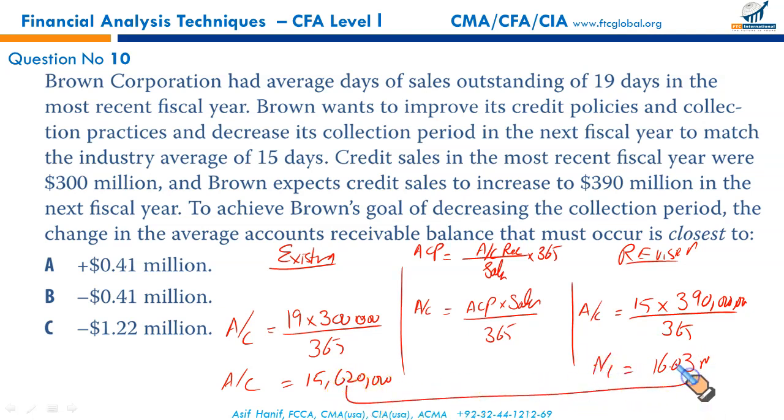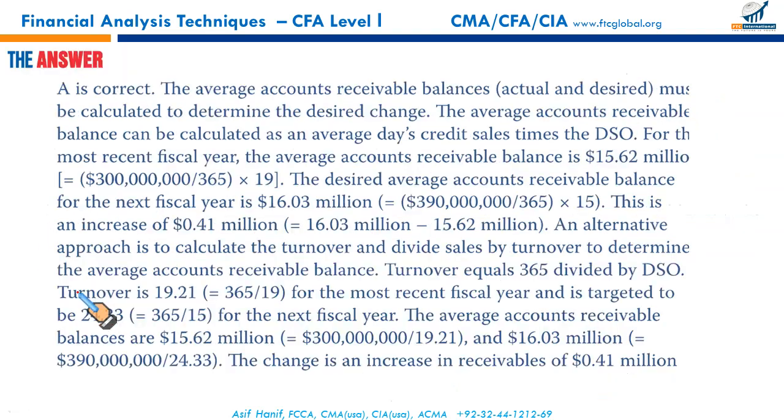The difference between these two is 0.407 million, which is about 0.41 million, and it is increasing. Revision in our credit policy will see an increase in account receivables, 15.6 to 16.03. The difference is 0.41. That makes a positive difference, and it's A. A is your right answer.